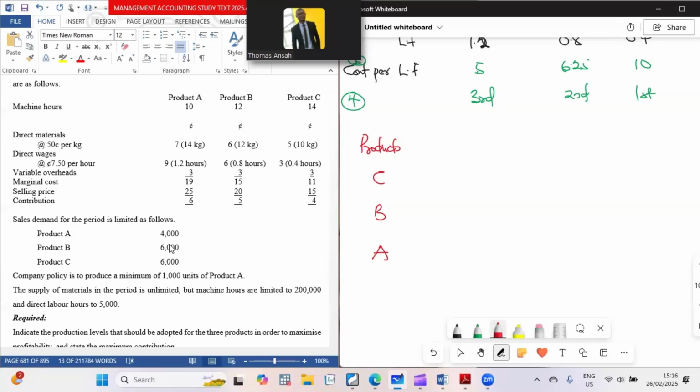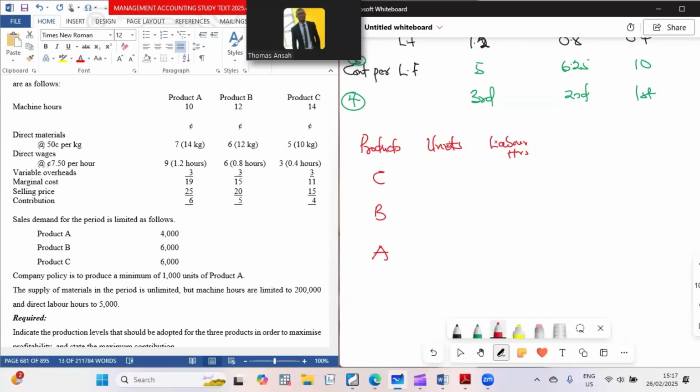All right. So let's look at the units. And we will look at the labor hours. Not machine hours, but the labor hours. All right. That is that. Then we have the limiting factor in place for us to deal with it.